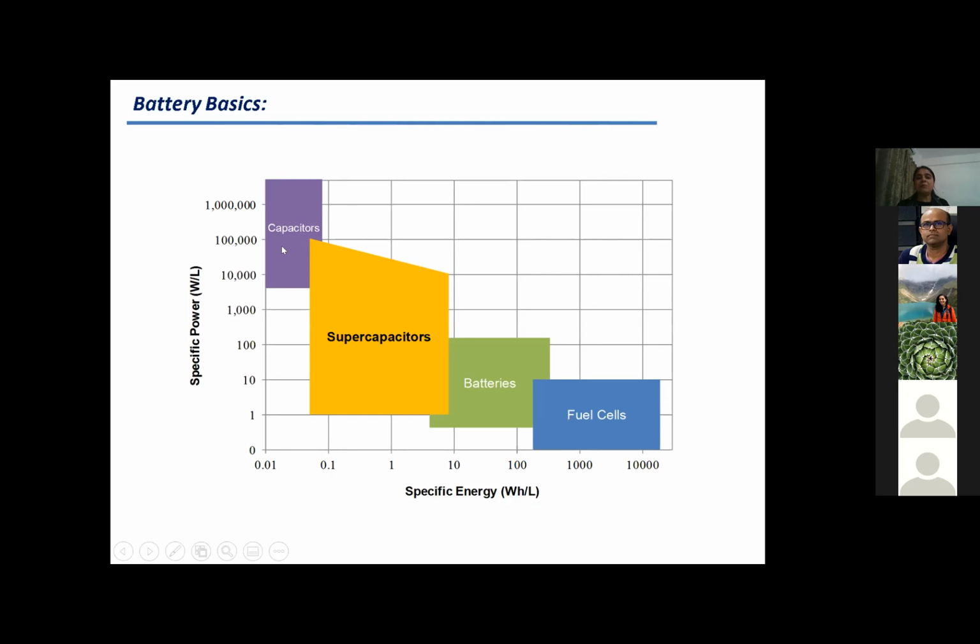If you see the x-axis and y-axis, there is specific energy and specific power. For capacitors, we are getting higher power density, or specific power is higher, and on the other hand, batteries show higher specific energy. So we are trying to get something in between also. Supercapacitors, people work on that as well.